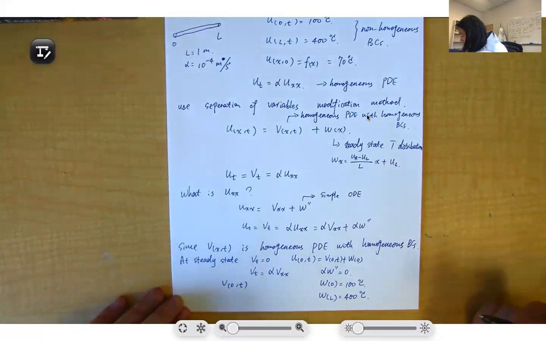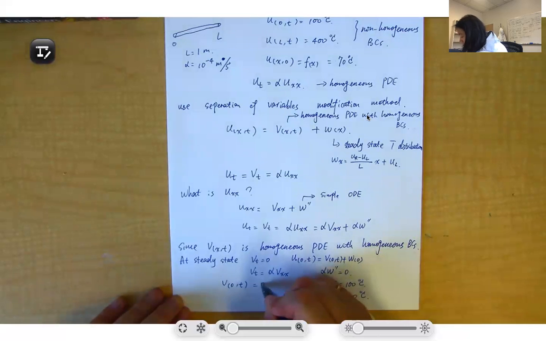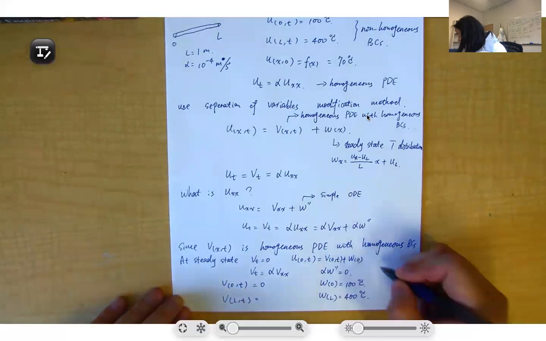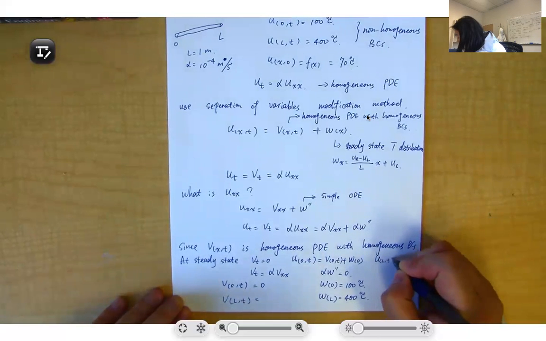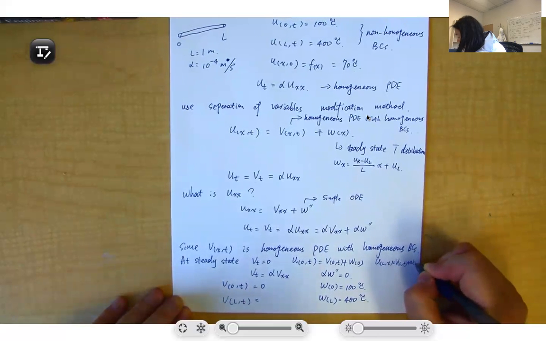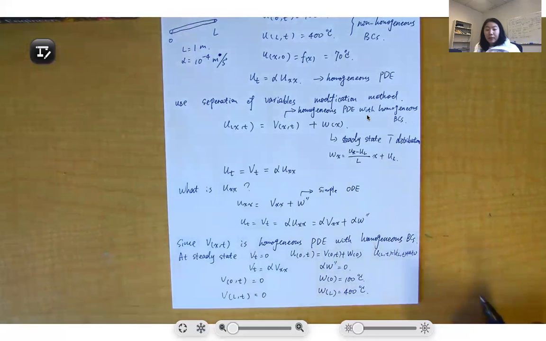V(0,t) will be equal to U(0,t) minus W(0), which equals 0. V(L,t) will be equal to U(L,t) minus W(L), so U(L,t) minus W(L) equals 0 as well.